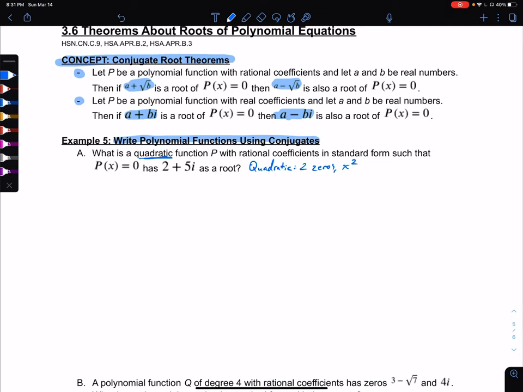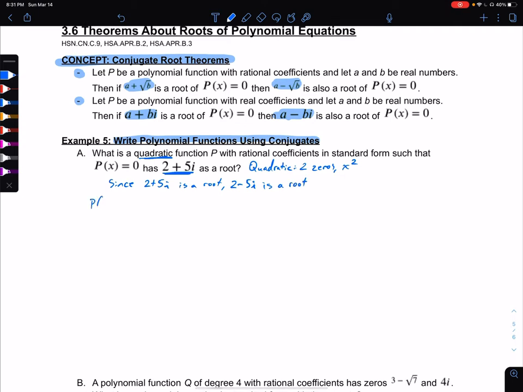And then 2 plus 5i, so since 2 plus 5i is a root, based on the conjugate root theorem, 2 minus 5i is a root. All right, so we need the conjugates of those.